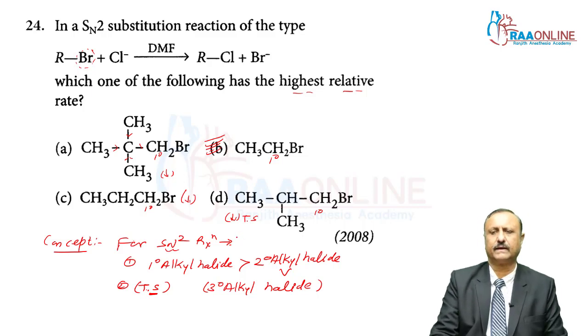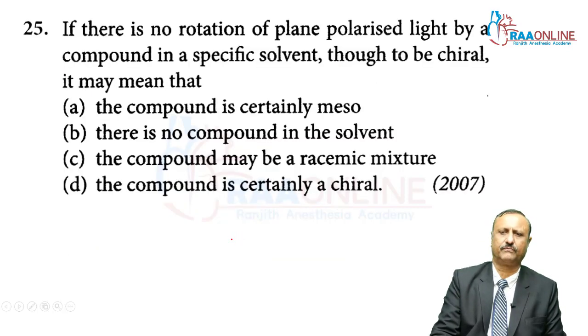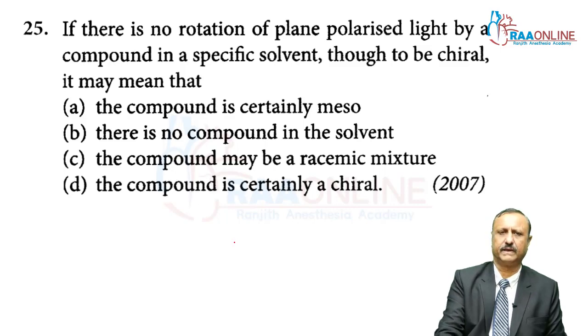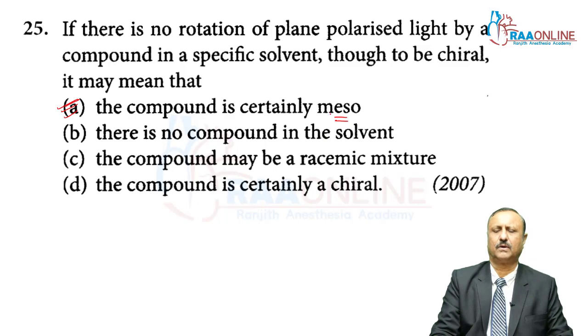Now, my dear students, we can go to question number 25. If there is no rotation of plane polarized light by a compound in a specific solvent thought to be chiral, it may mean that, my dear students, the answer is A, because meso compounds do not show optical activity.